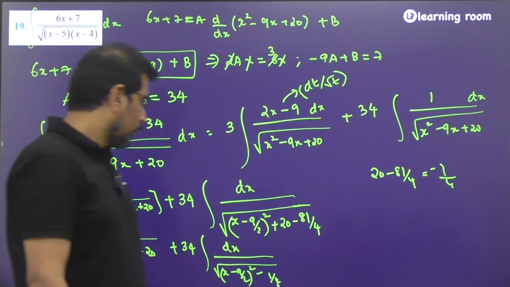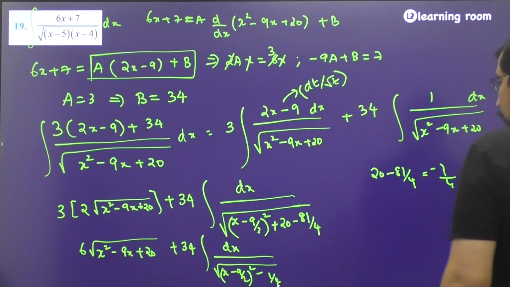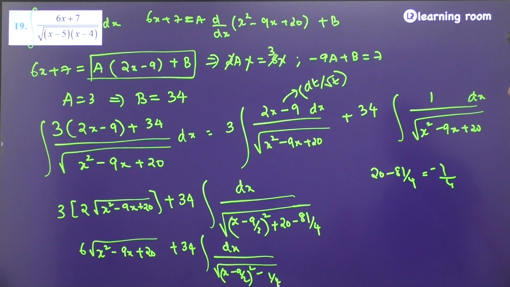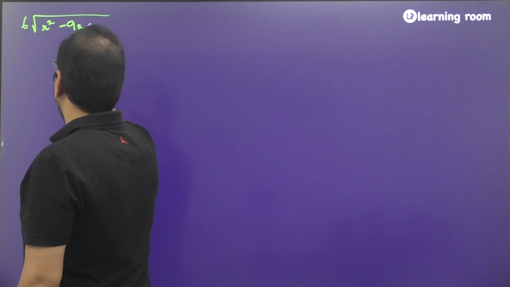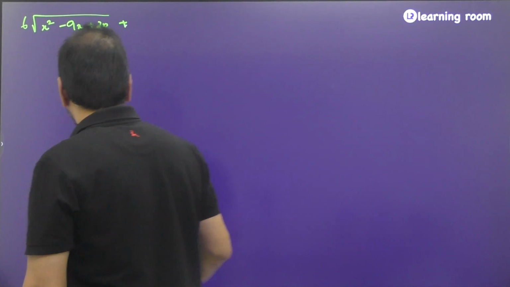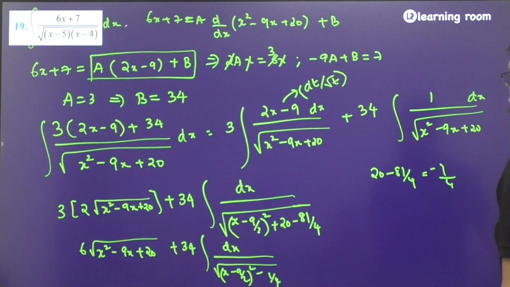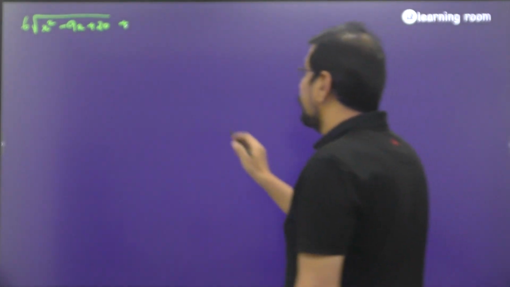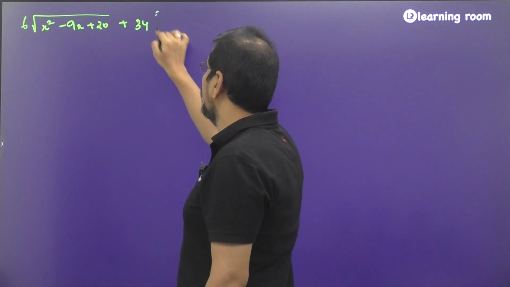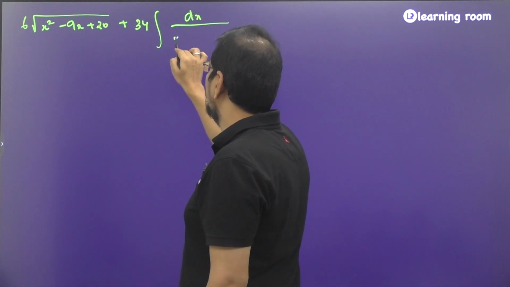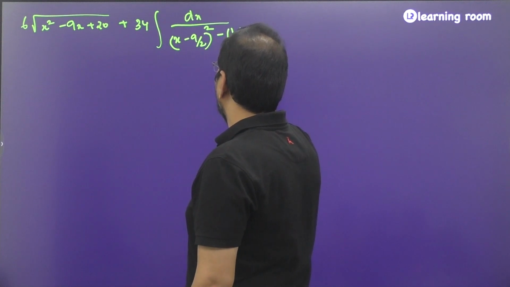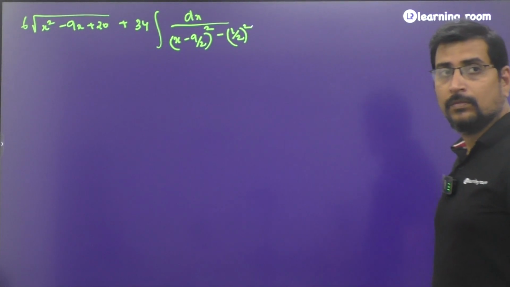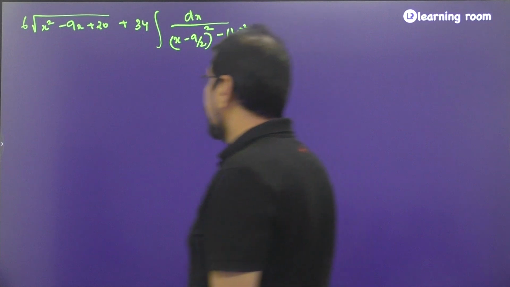Right? So what will you get? You will get 6 into the root of x square minus 9x plus 20 plus 34 into the integral of dx divided by x minus 9 by 2 the whole square minus 1 by 2 the whole square. It is 1 by 2 the whole square, right?